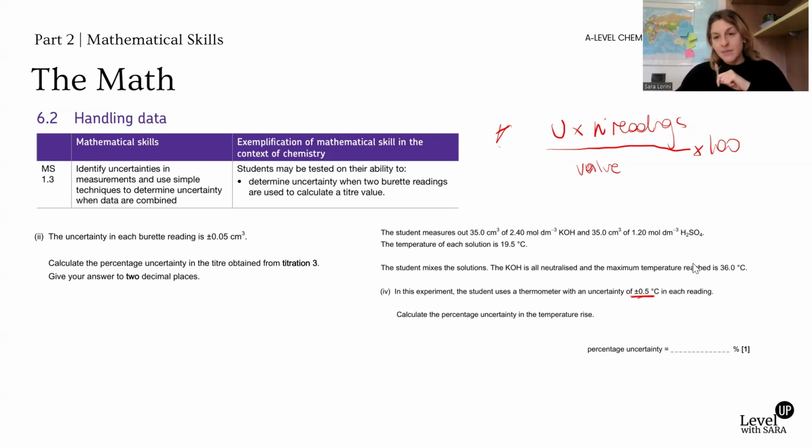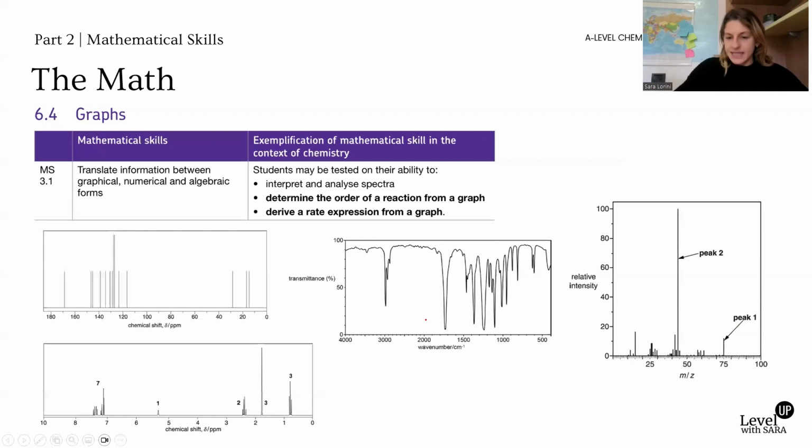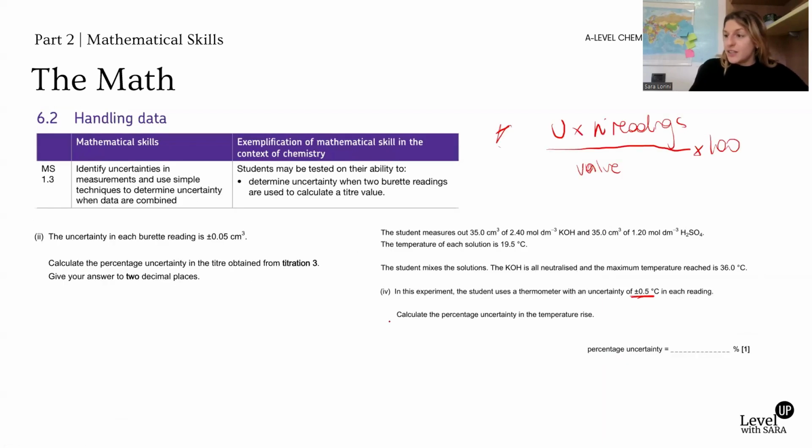So actually, how many times did you do the measurement? 3. So this means that this uncertainty of 0.5, we have to times it by 3 and then divide it by the value. The value that we calculate would be the difference, so it's 36.0 minus 19.5.